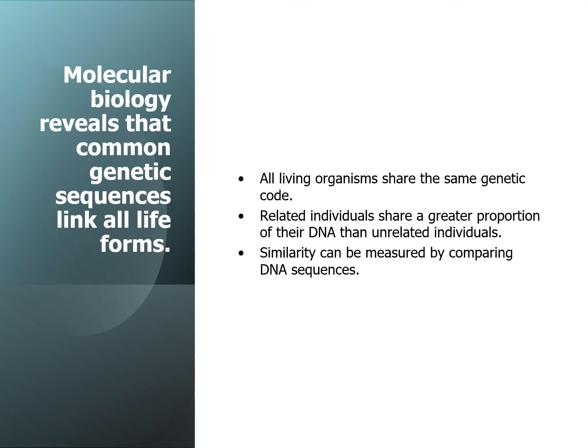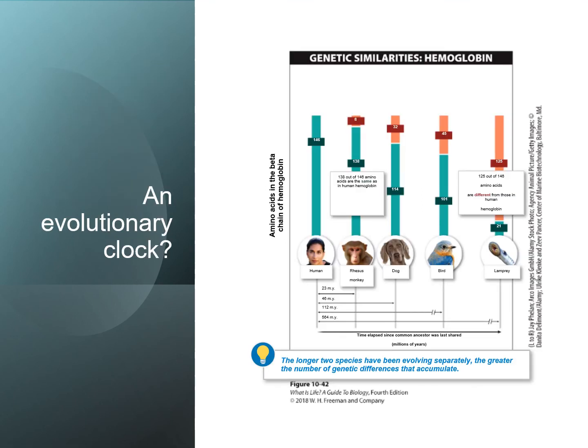Related individuals share a greater proportion of their DNA than unrelated individuals, and similarity can be measured by comparing DNA sequences. So when it comes to molecular biology, as far as showing that we have genetic similarities, we can look at hemoglobin, which is the protein that makes up red blood cells.